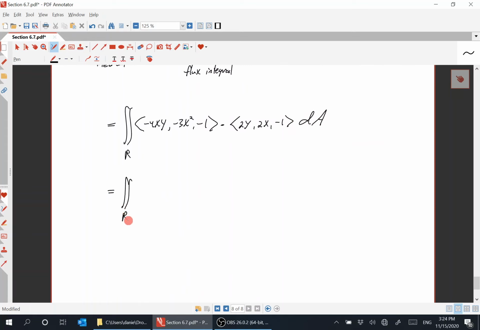So it's equal to the double integral over R of minus 8xy squared minus 6x to the third, 4 times 2, minus 6x to the third plus 1 dA, where R, remember, is the unit circle.